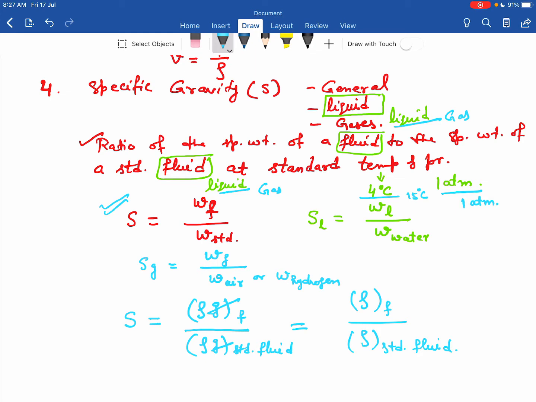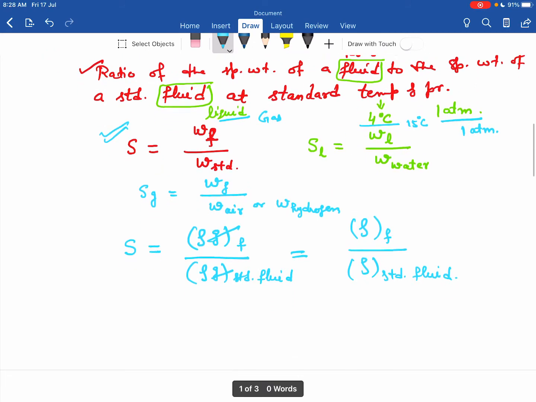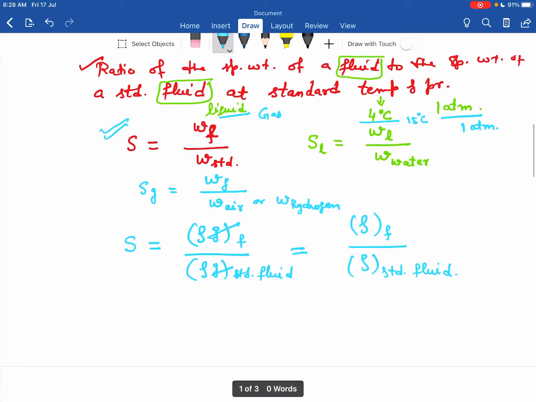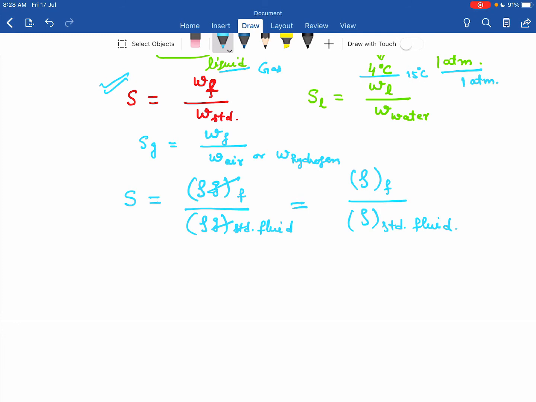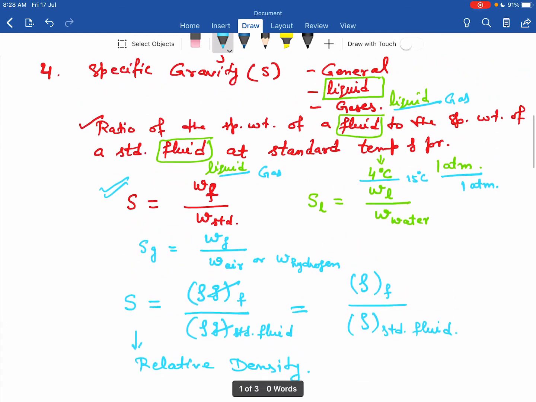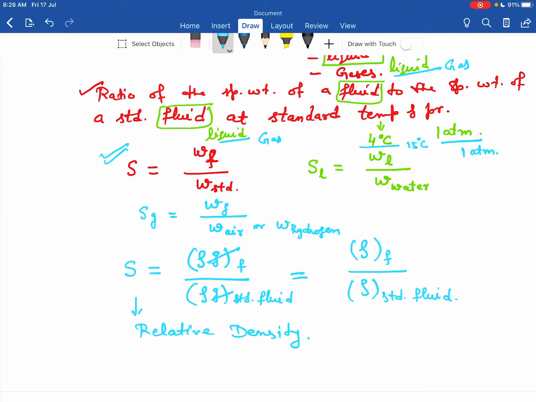So you can also say specific gravity is the ratio of densities, density of fluid to the density of standard fluid at standard conditions. Because of this relation, we can also call S a relative density. So another name for specific gravity is relative density. Okay.